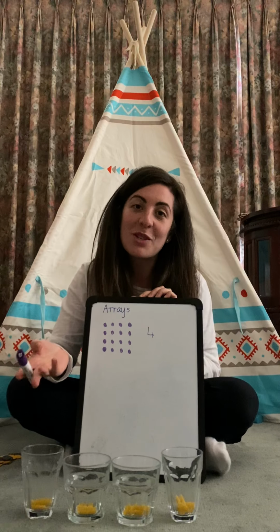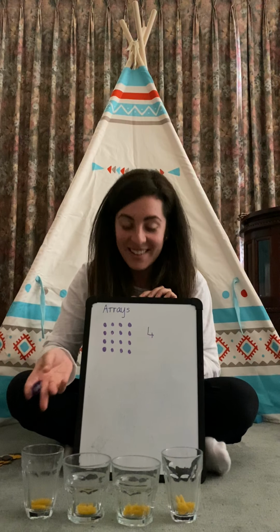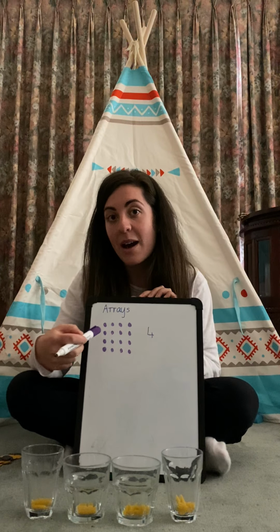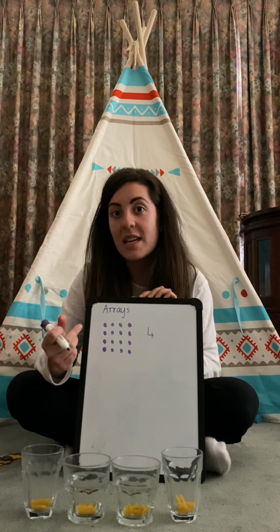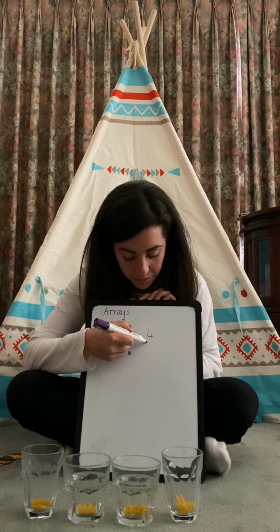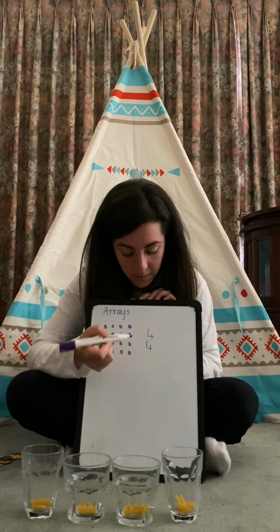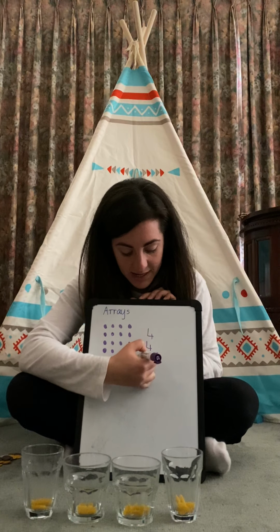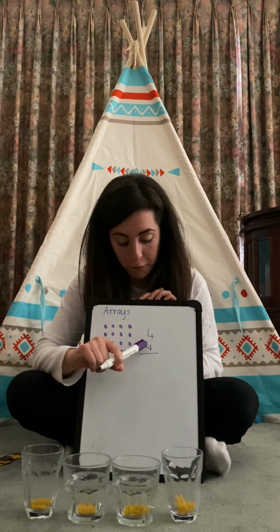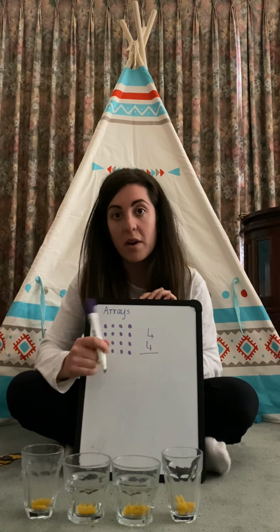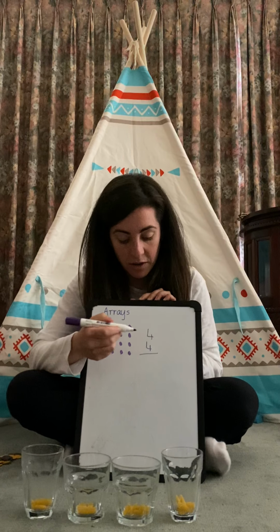So this one's a bit tricky because they're the same number. But the first number is how many items are in each group, and the second number underneath is how many groups. And then I put a line underneath it. But at the moment, it's saying 4 groups of 4. Now let me show you.